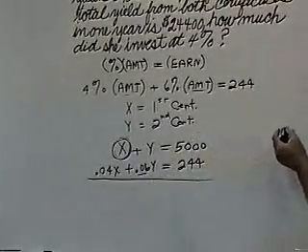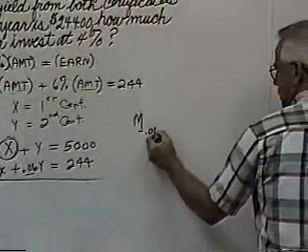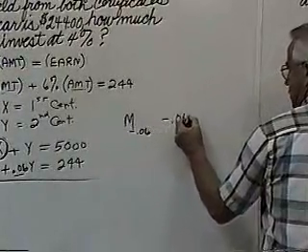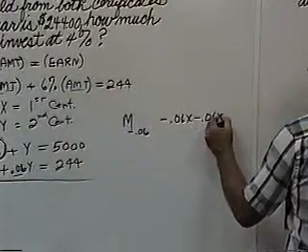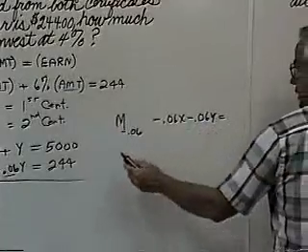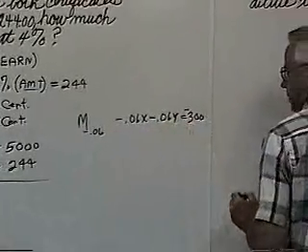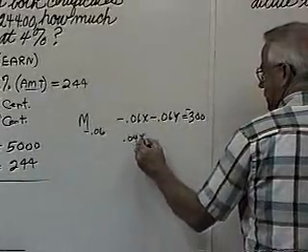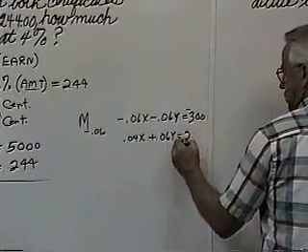So let's look at it here. Multiplying by minus 0.06, we get minus 0.06x minus 0.06y is equal to, now 0.06 times 5,000 is minus 300. Underneath that is 0.04x plus 0.06y is equal to 244.